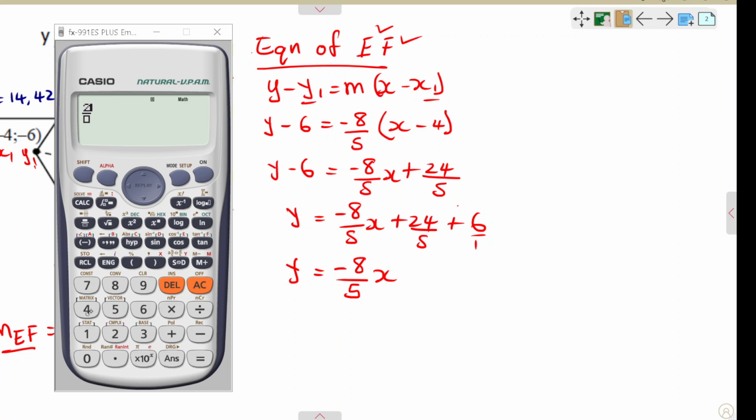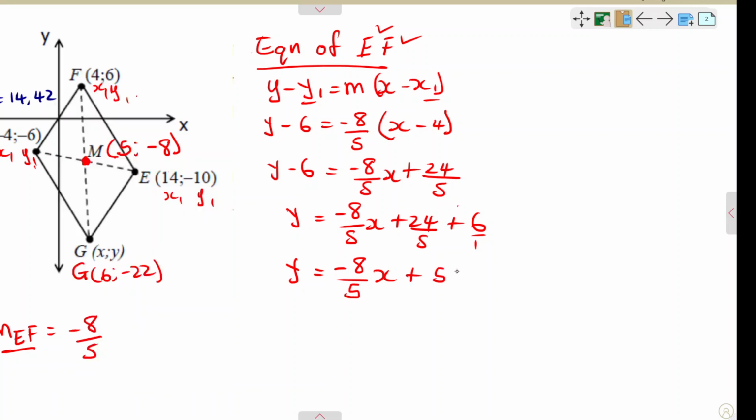So we have 24 over 5 plus 6. That 6 is over 1, so it's the same. If you punch this in a calculator, you get 54 over 5. Positive 54 over 5. Yeah, so this is your equation.